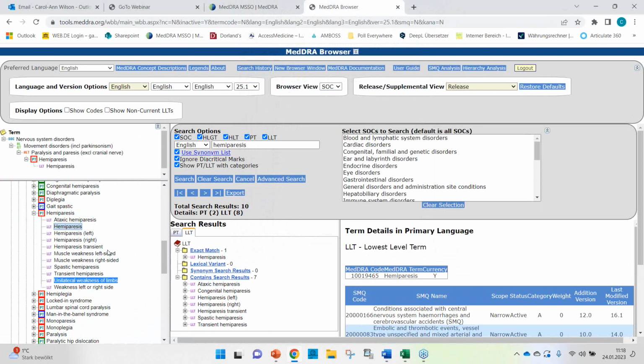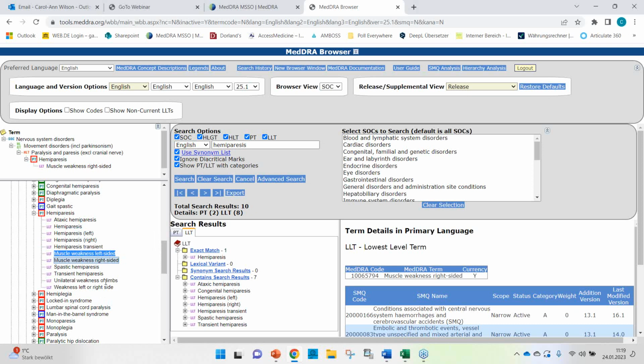So you could now code to the unilateral weakness of limbs, being as close to the verbatim as possible, or based on the fact that this LLT is grouped under hemiparesis, you could also decide to capture the laterality as well and code to hemiparesis left. Muscle weakness left-sided would be the other option.